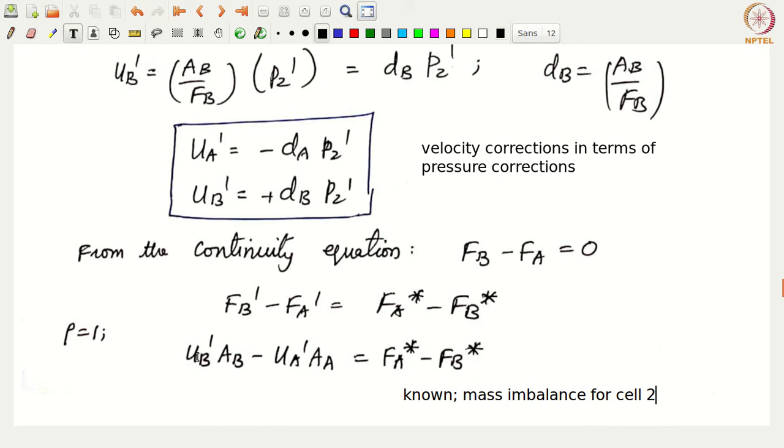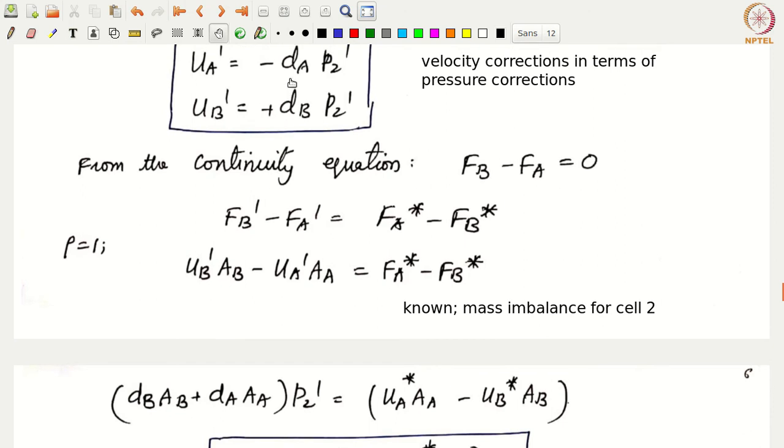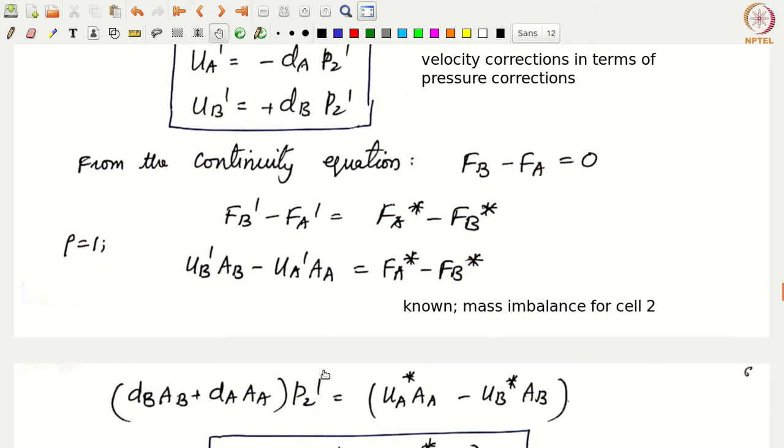Now we substitute for UA prime and UB prime from these equations. So substitute for UB prime as dB P2 prime and UA prime as minus dA P2 prime, and then write an equation for P2 prime. So this is basically dB AB, and minus dA P2 prime becomes a plus dA AA times P2 prime.